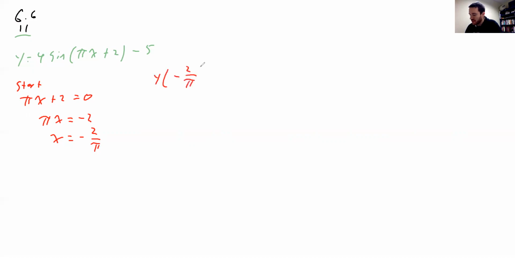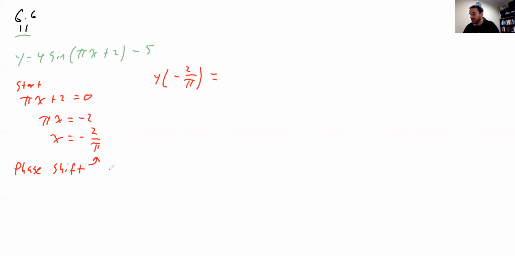That also turns out to be your phase shift. Remember, your phase shift was phi over omega. So phi is going to be -2, and omega is pi. So -2 over pi is your phase shift. So that's where you're starting.